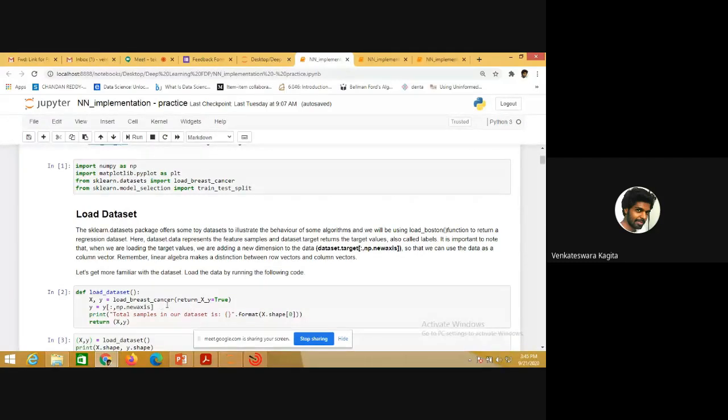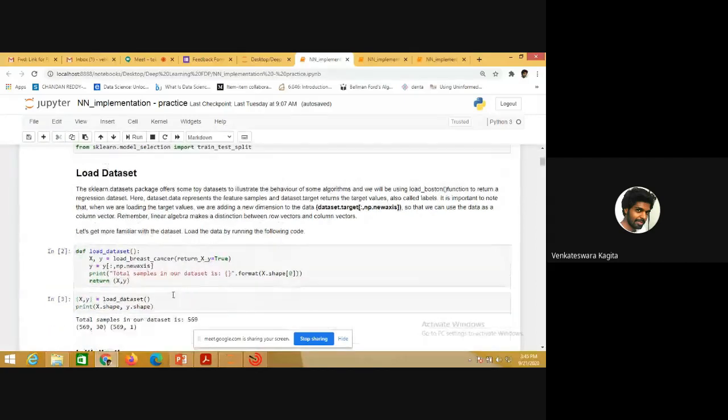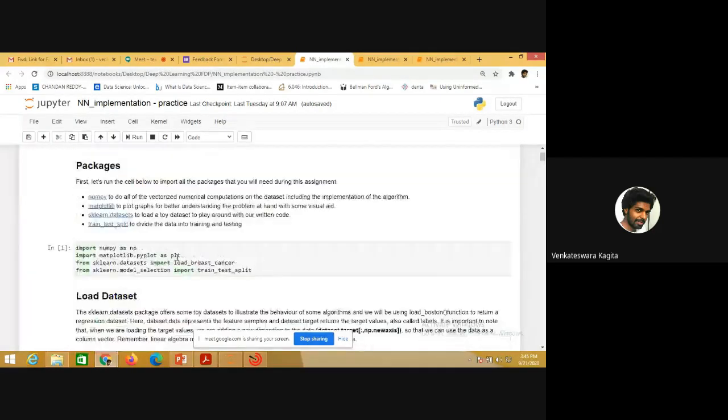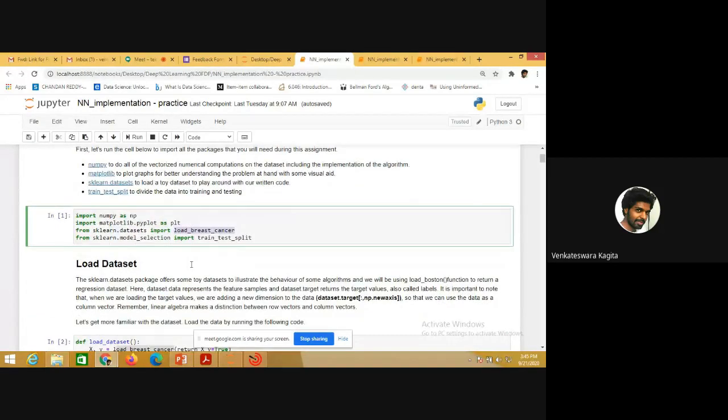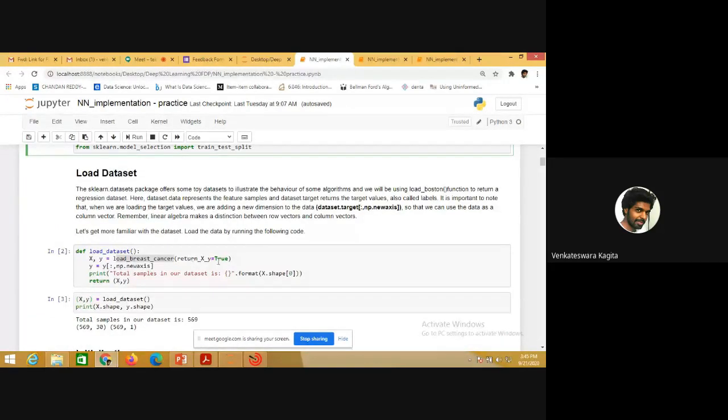That is the dataset we have at hand, and I've loaded this dataset. So load_breast_cancer is what I've imported from sklearn.datasets. If I set return_X_y equal to True, it returns X and y separately. Otherwise, it will return the data, and we'll have to get X and y from that.